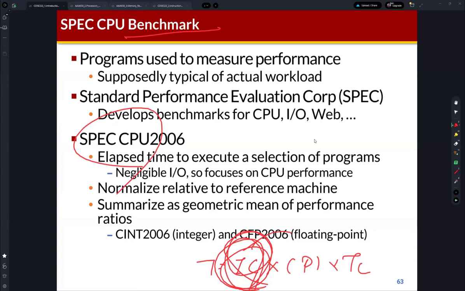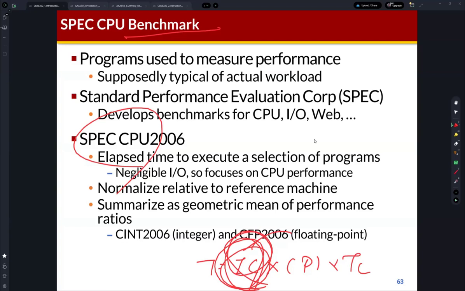So we require a commonly used application to measure and compare. I explained that in order to measure the performance of a computer system, we need to compare the performance with the reference machine, right? That's what we learned in the previous classes.